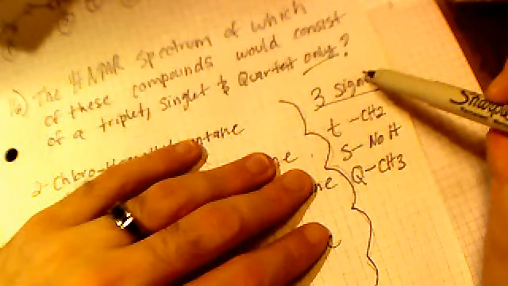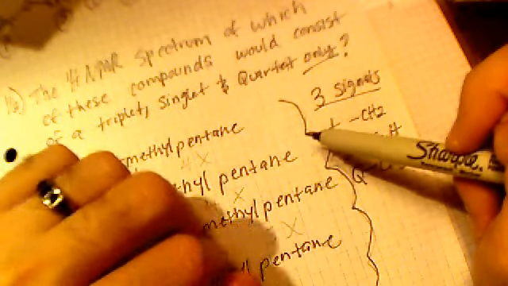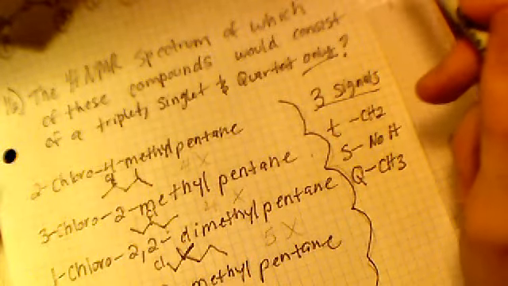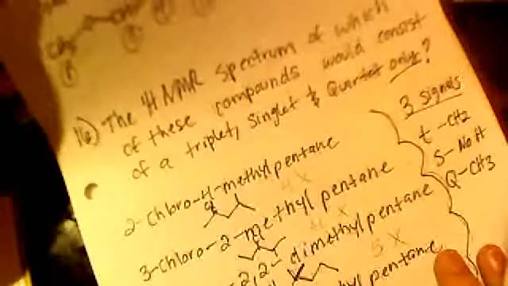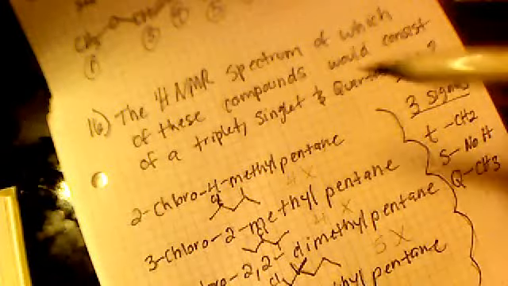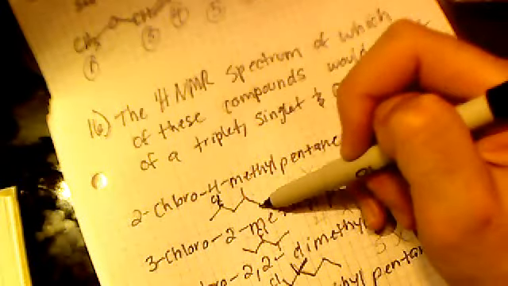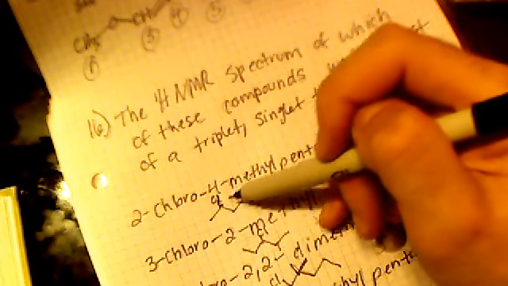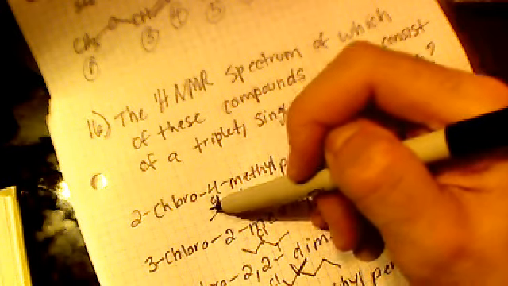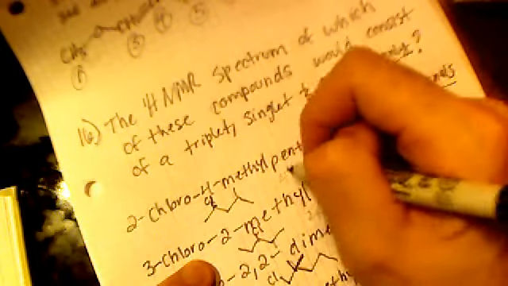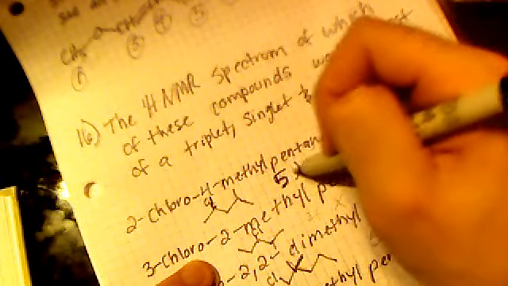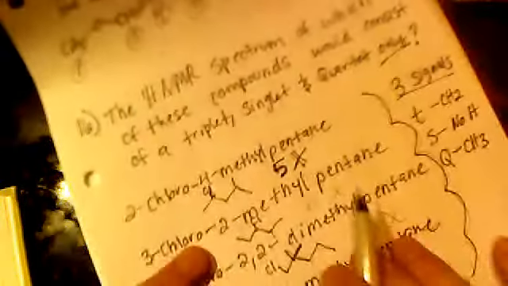So the first thing I did, there's 3 signals, so I went through these molecules and I looked for ones that can only have 3 identical environments. So the first one, 2-chloro-4-methylpentane, I looked at this and I said, okay, these 2 are identical. 1, there's a hydrogen here that's 2, 3, 4, 5. I think this has 5 environments. So I said no, it can't be this because I only have one with 3.